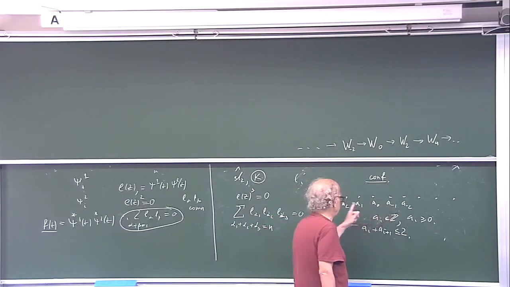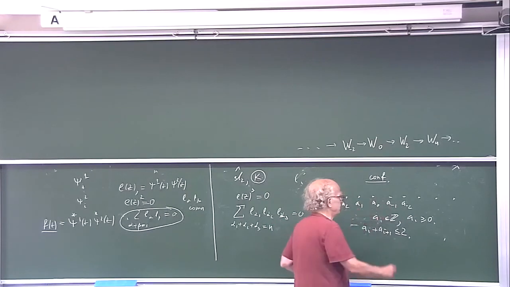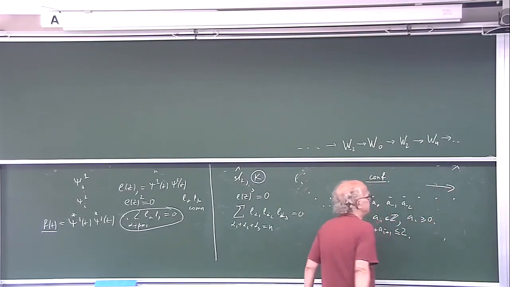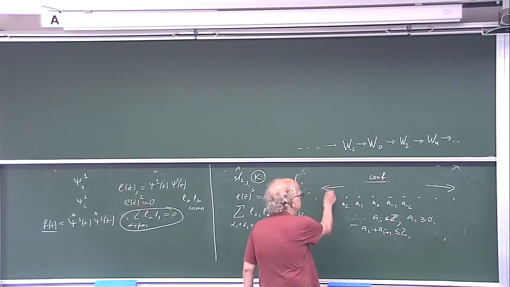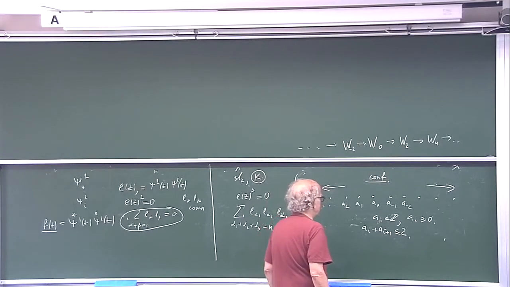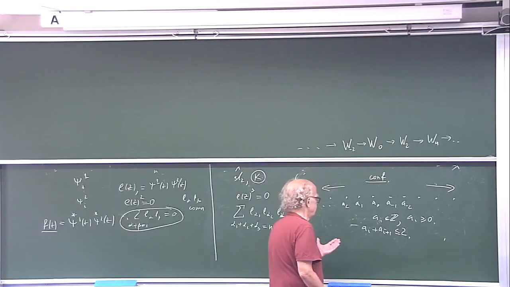And then we also want such a configuration to be semi-infinite: in this direction it disappears, it goes to 0. In this direction it stabilizes to some tail. And what tail can it be?